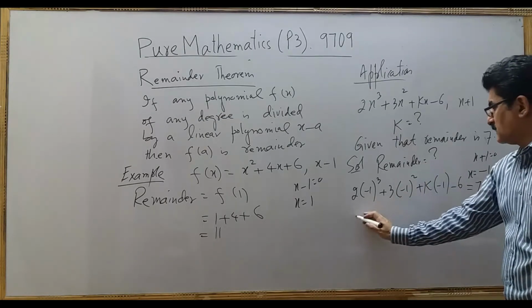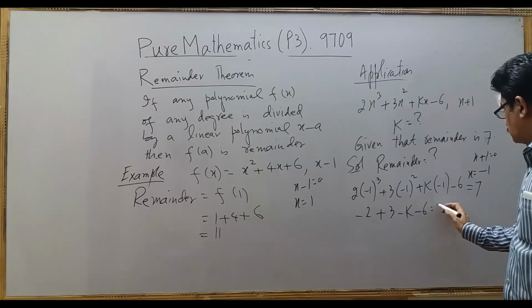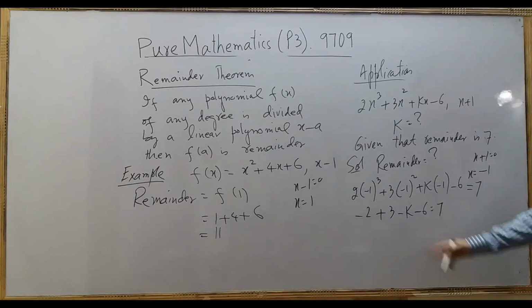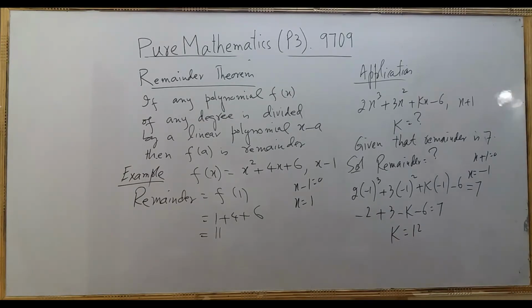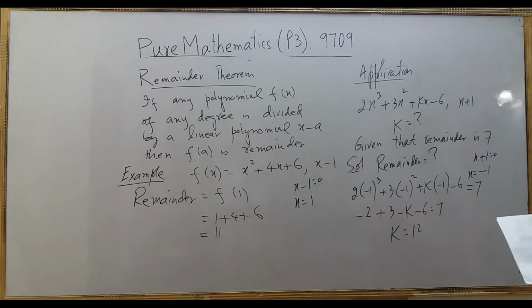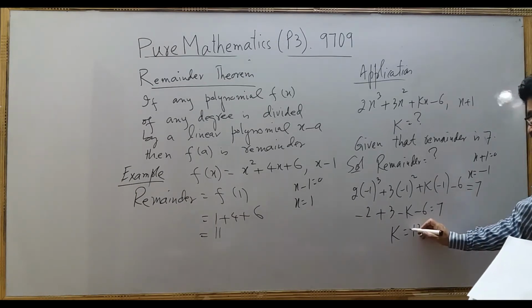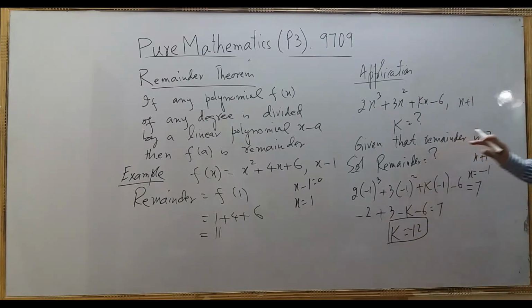Now simplify it. This is minus 2 plus 3 minus k minus 6 equal to 7. Now simplify it: 1 and this minus 6 is minus 5. So the value of k will be minus 12. This is your answer. So this is one application of the remainder theorem.